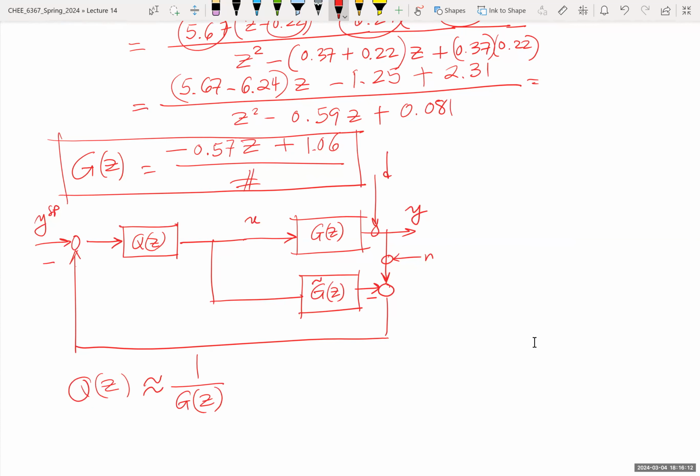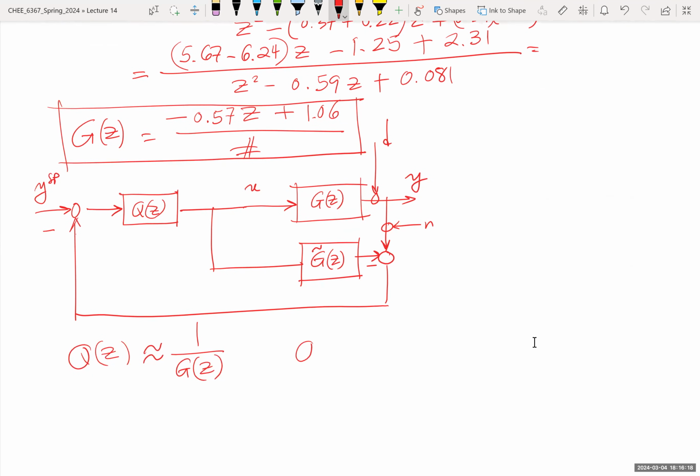But to make this approximately equal to 1 means that we have to make Q equal to 1 over G of Z times a filter. Well, the filter in this case, a first-order discrete time system, is the counterpart of the continuous time system. The counterpart in discrete time is (1 minus alpha) over (z minus alpha).